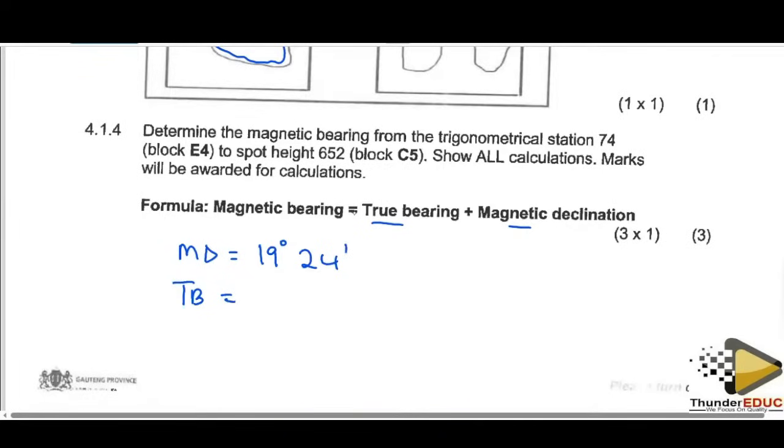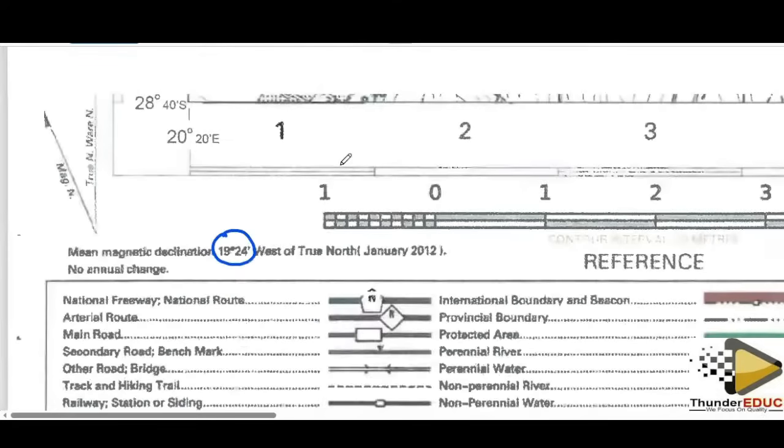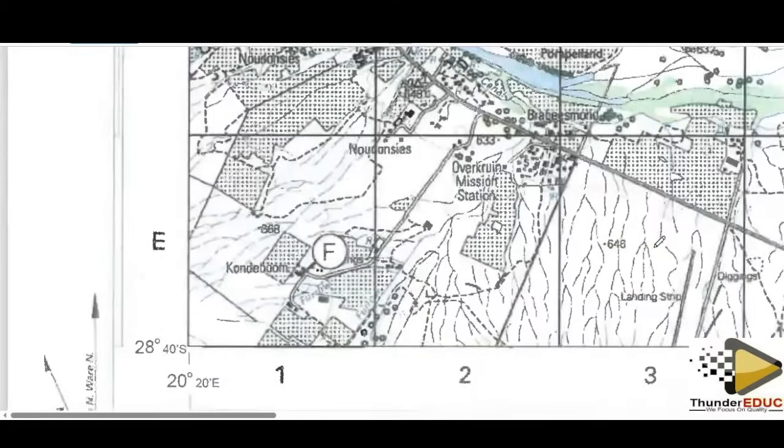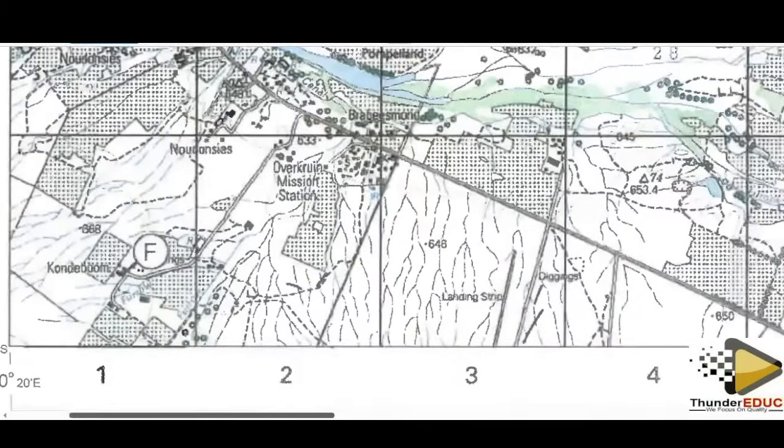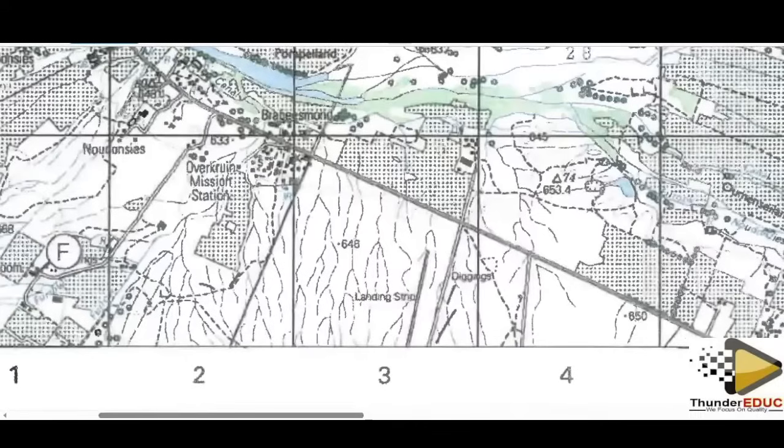They say determine the magnetic bearing from trigonometrical station 74 in block E4. Let's look for 74 in block E4. This is E1, E2, E3, E4. So this is our trig station here.